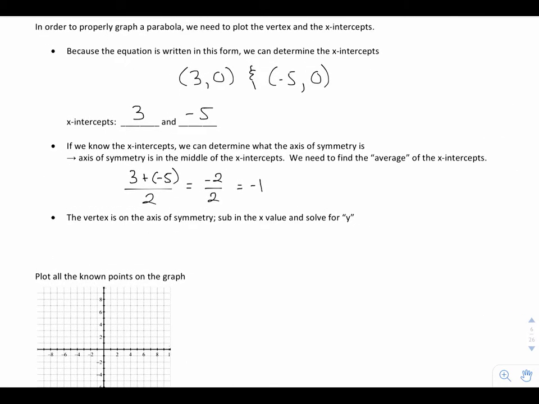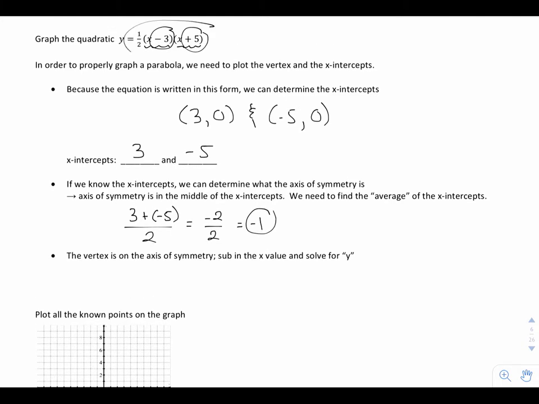And the y value of my vertex is just going to be calculated by substituting this -1 into my equation up here and solving for y. So let me just copy that out.